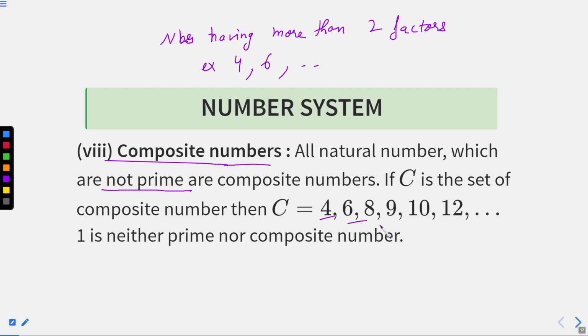So 4, 6, 8, 9, 10, all of these numbers are composite. There's one thing to remember: the number 1 we consider as neither a prime number nor a composite number. We always take 1 as neither prime nor composite. I hope the things are clear.